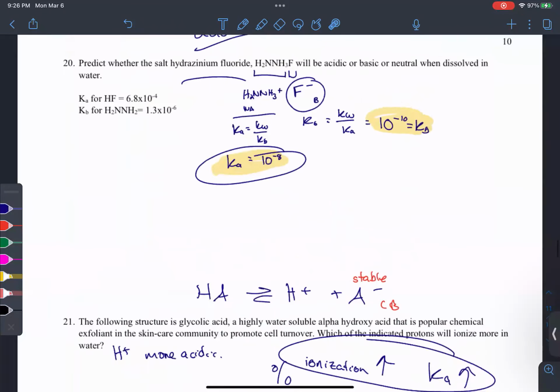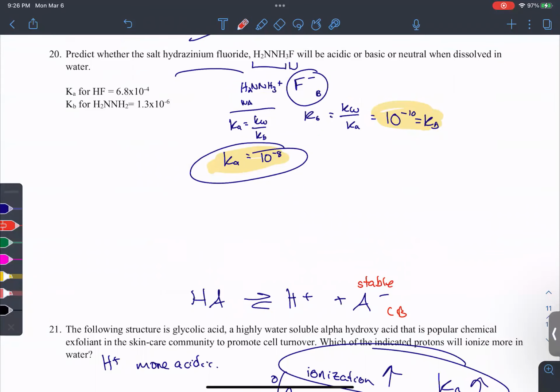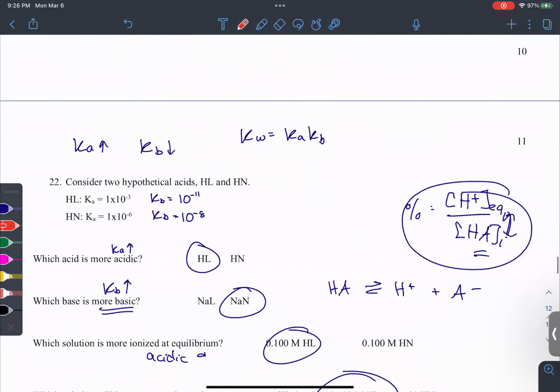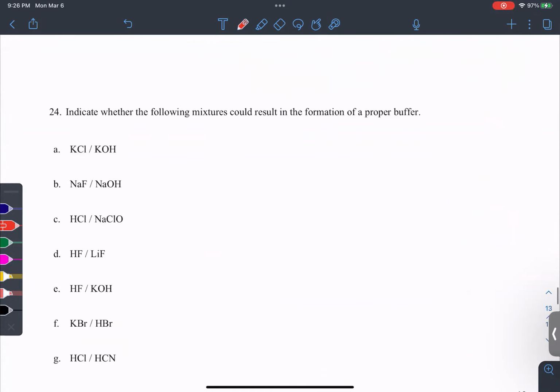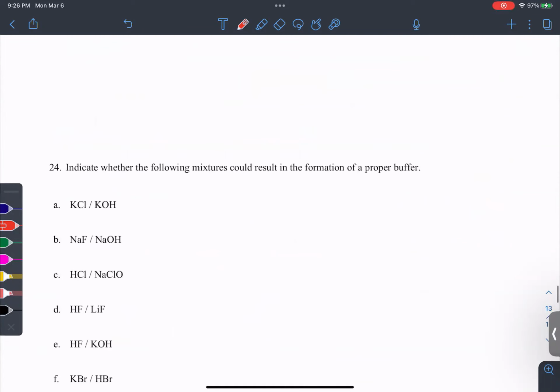Okay, so in all of chapter 16, we either had an acid or we had a base. How is a buffer different? We either had an acid and wrote out Ka, or we had a base and wrote out Kb. But what is a buffer? A buffer is when you have both HA and A minus present in large quantities.